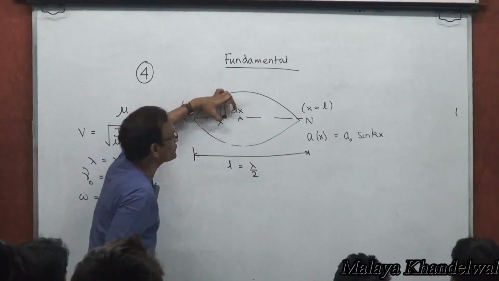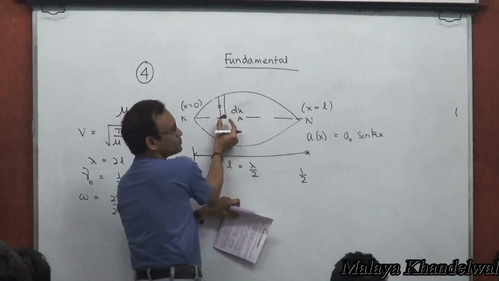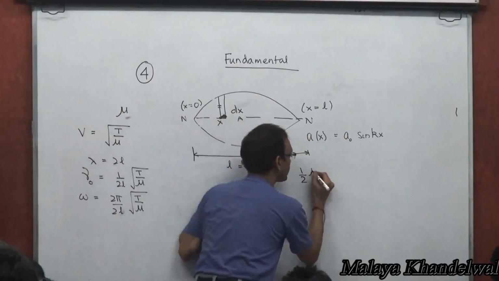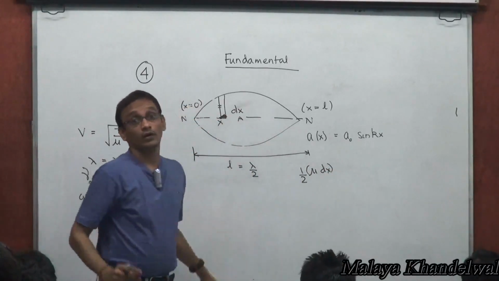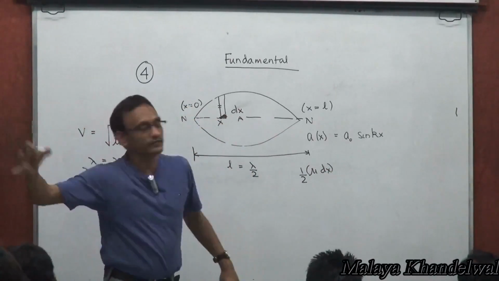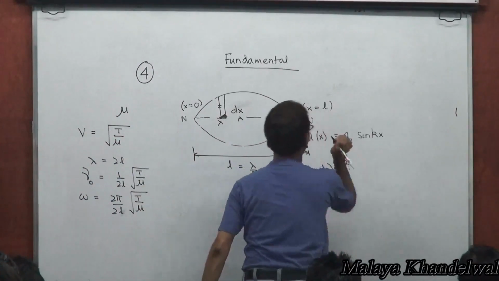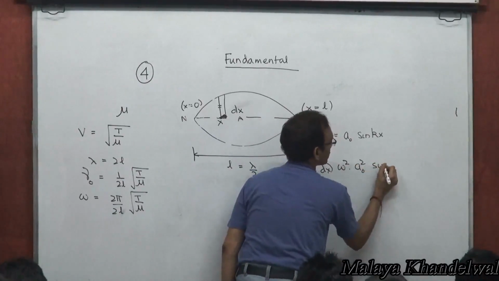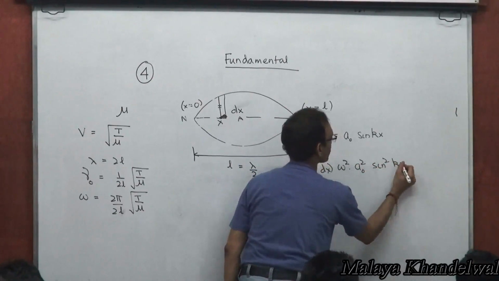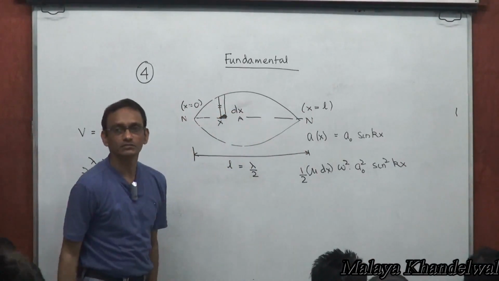So the total energy of this oscillator is going to be half of the mass of this oscillator, which is mu into dx, times omega squared a squared. We know omega, so omega squared a squared. a at x squared means A0 squared sine squared kx. That's the total energy of this oscillator, right?